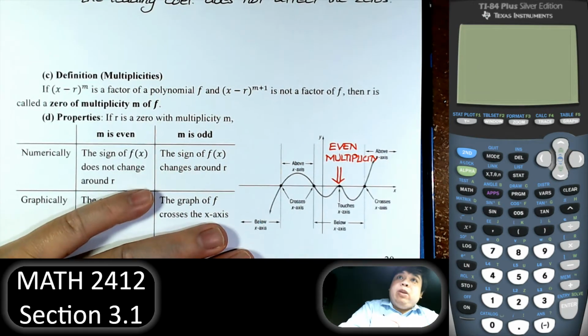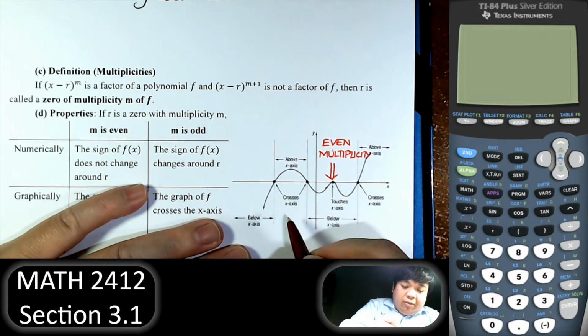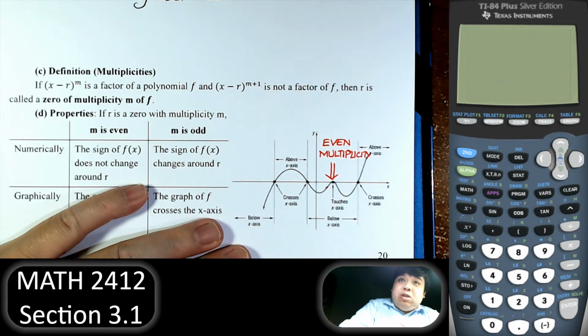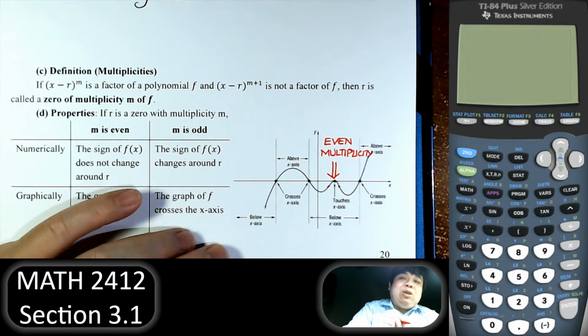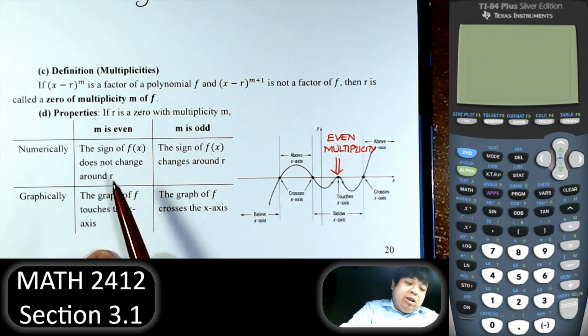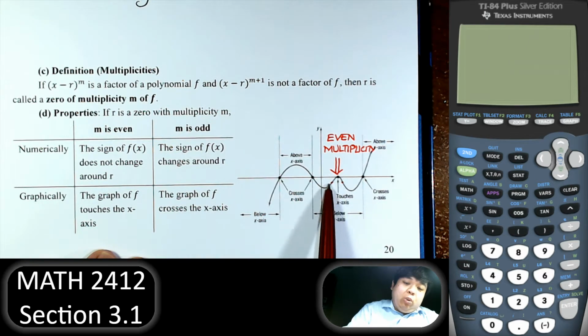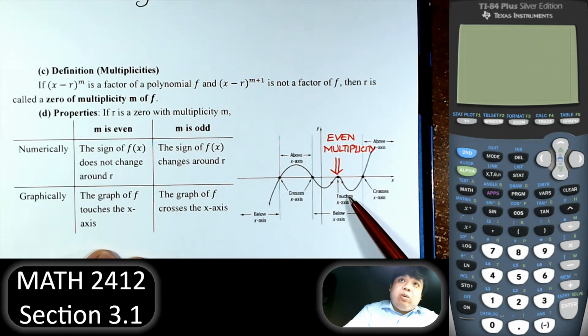Be this one. You see, it is negative. When it hits the 0, it will bounce back to negative. That's what we mean. If m is even, the sign does not change when we cross the 0. And the graph will touch the x-axis and then turn around.